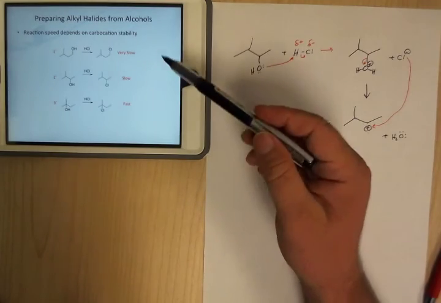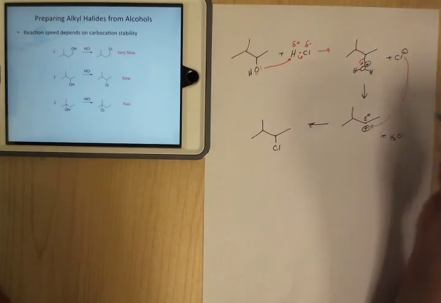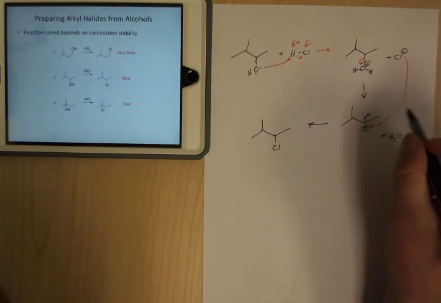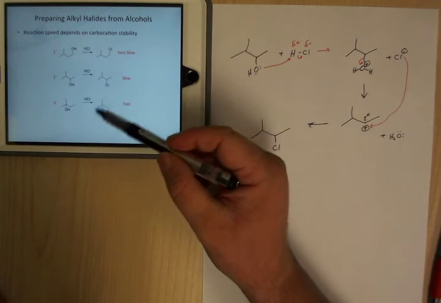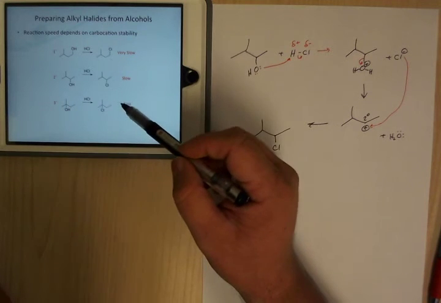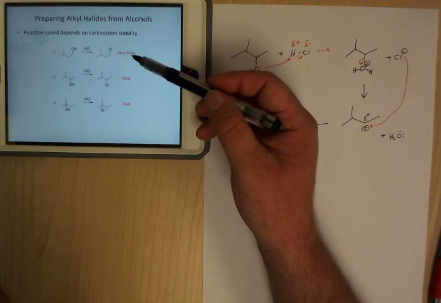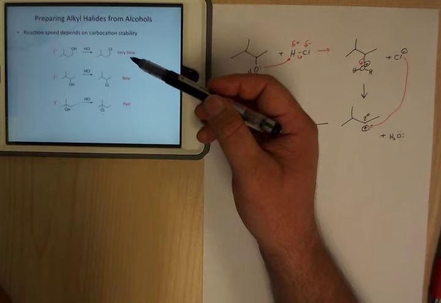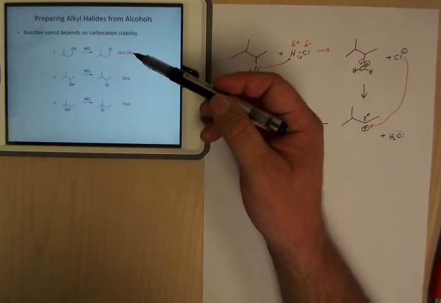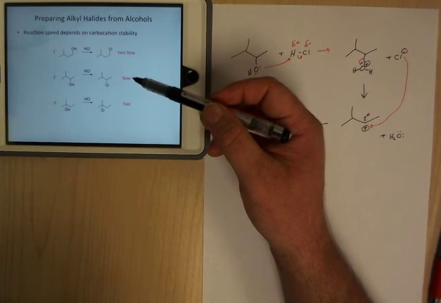The problem is, this is pretty slow because you have a secondary carbocation. It actually works pretty well with a tertiary carbocation, so that actually happens fast. This is probably never going to happen with a primary because you'd be making a primary carbocation, which isn't good. So it really only happens with tertiary, sometimes with secondary.